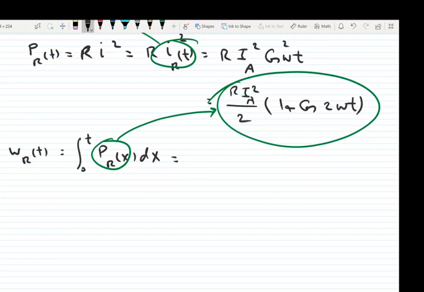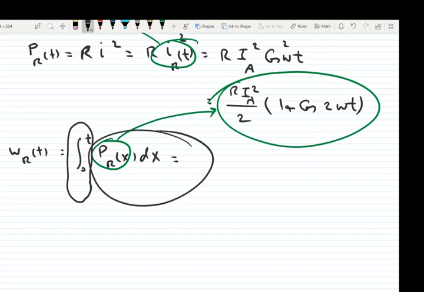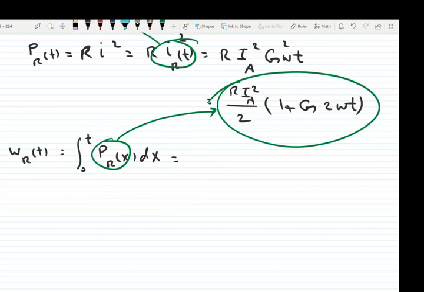We use P(x), not P(t) dt, because we have t in the integral limit. There is no difference between P(t) dt or P(x) dx. In order to make them separate, we use the variable t for time in the integral limits and variable x for the power.